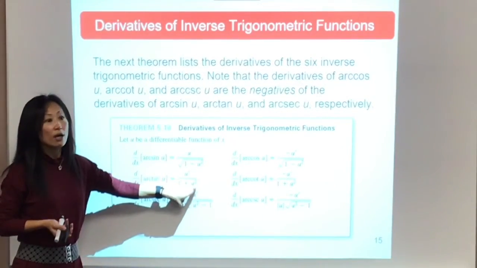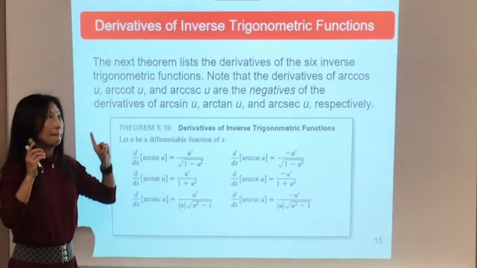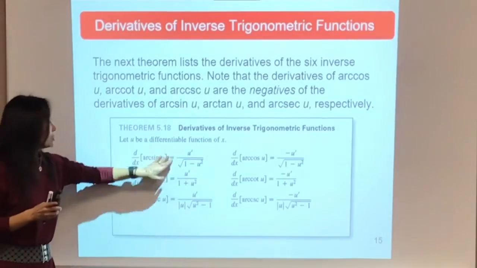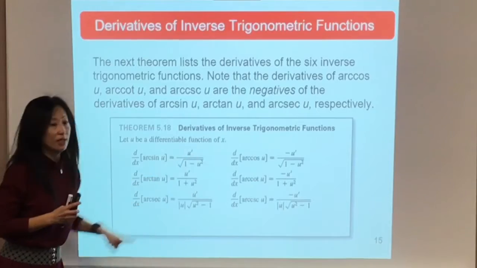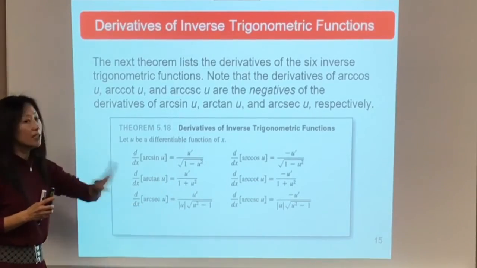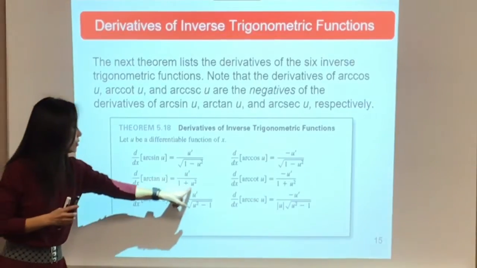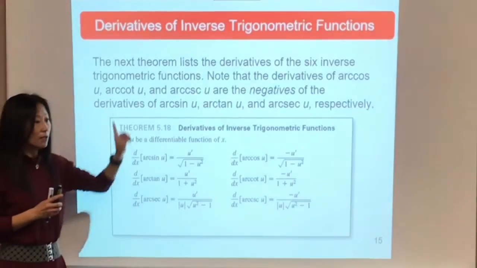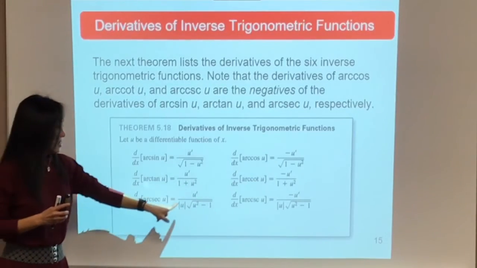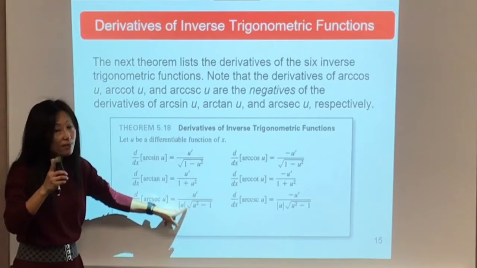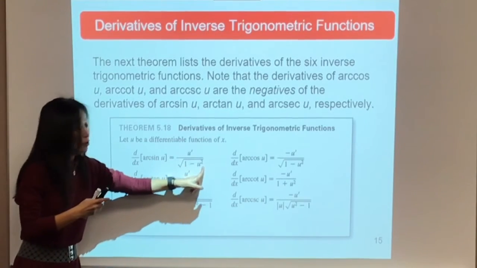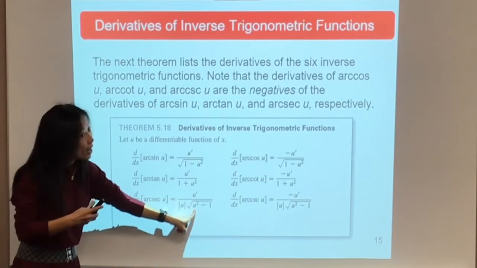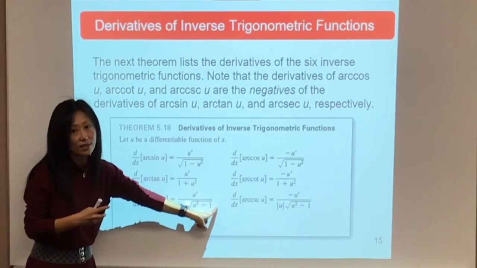So you will not be confused because they're all different formats. Arcsine has only a square root of this, and arctangent does not have a square root. It's just 1 plus u squared. Look at the arcsecant. It's similar to arcsine, but it has the u in there, right? This is u squared minus 1.